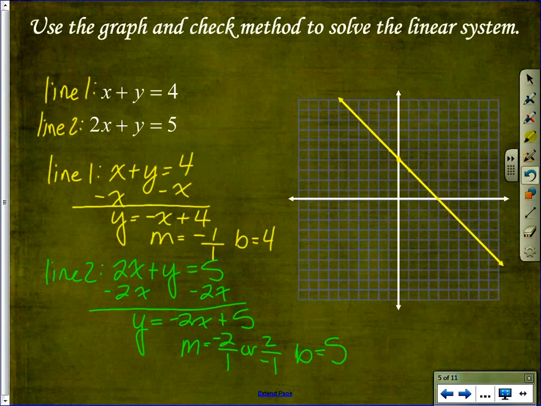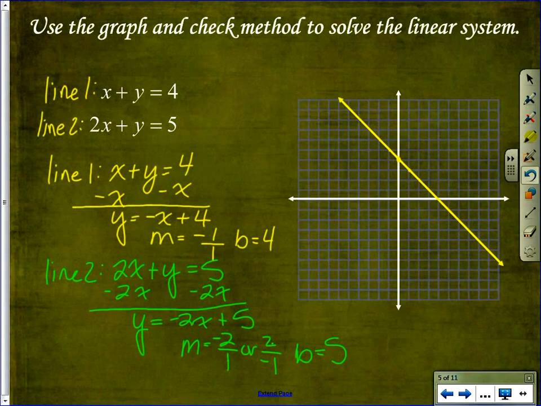What part is it? This one right here when I did the or? Well, if my slope is negative 2 over 1, this says I can go down 2, forward 1. But it can also be positive 2 over negative 1 and go up 2 and back 1. So I can write it either way. The negative just has to be with one of the numbers.